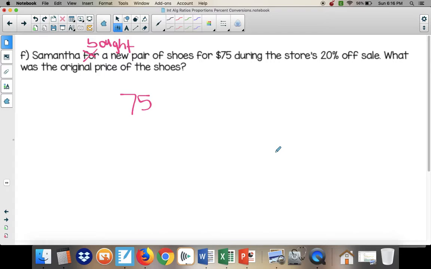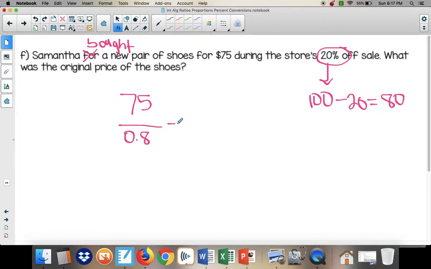So what you're going to do, don't do that, please. 20% off. We're going to take the 100 minus 20, and that gives us 80%. You are going to divide 75 by that.